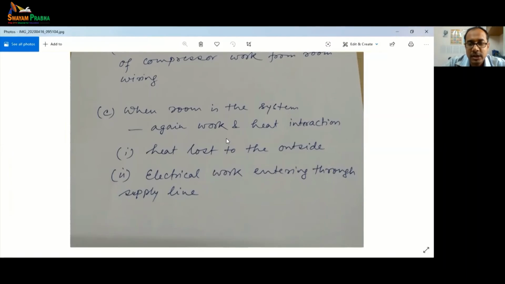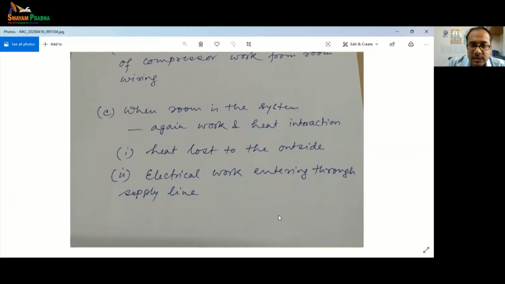Because refrigerator, what it is doing, it is always getting some heat into the room, right? It is increasing the heat content of the room. So that heat is lost to the atmosphere, which is outside through the window and doors. So that heat is lost from the room to the atmosphere.